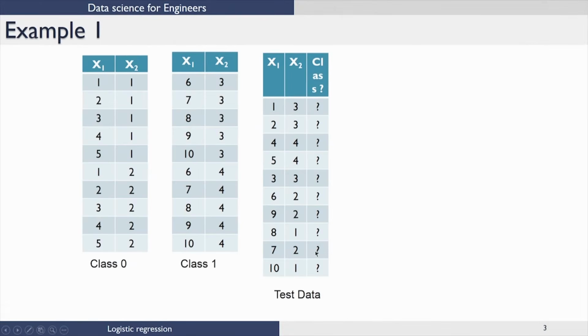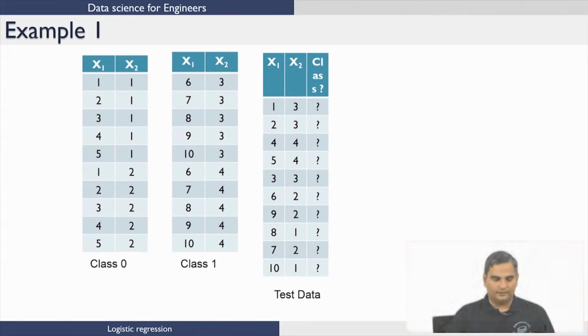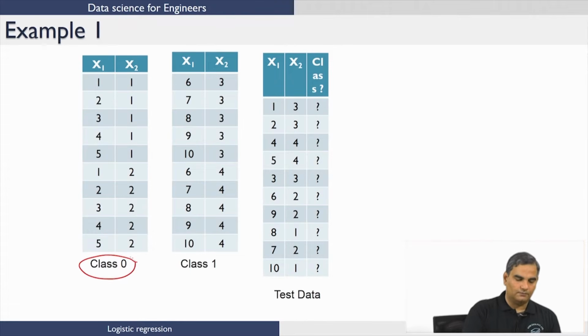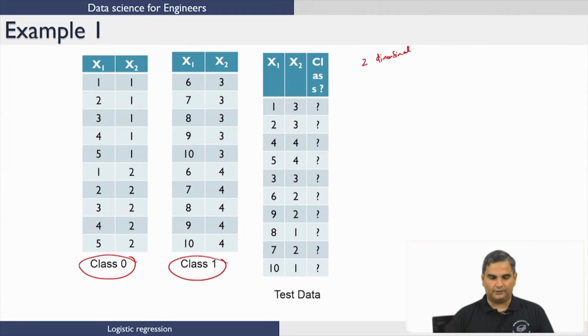Let us take a very simple example to understand this. Let us assume that we are given data. Here we have data for class 0 and data for class 1, and clearly this is a 2-dimensional problem. So, the hyperplane is going to be a line.